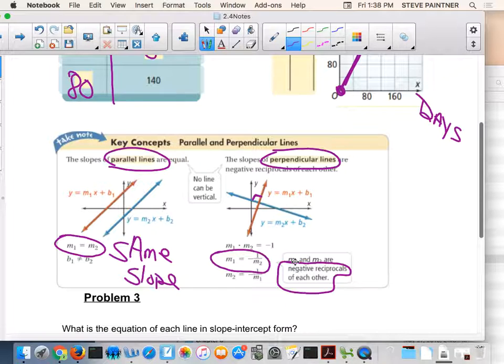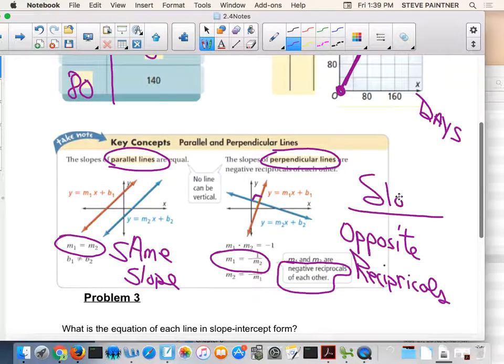I'd rather have you guys say opposite. So if I'm you, I'm going to write this instead. Okay. Now, slopes are opposite reciprocals.